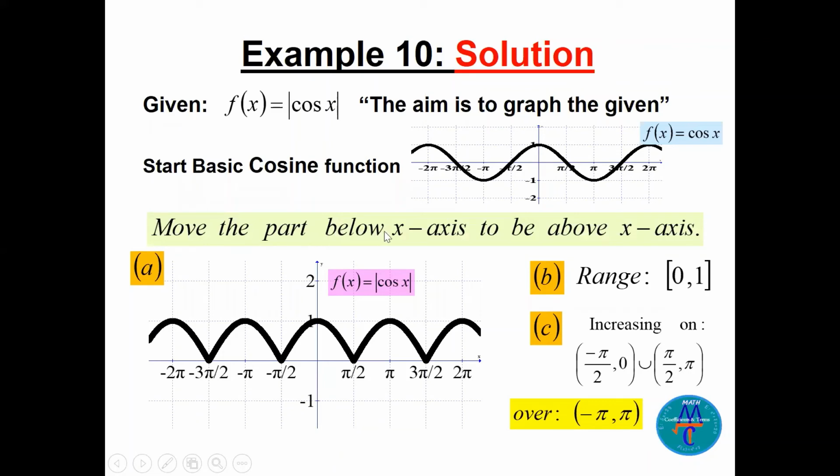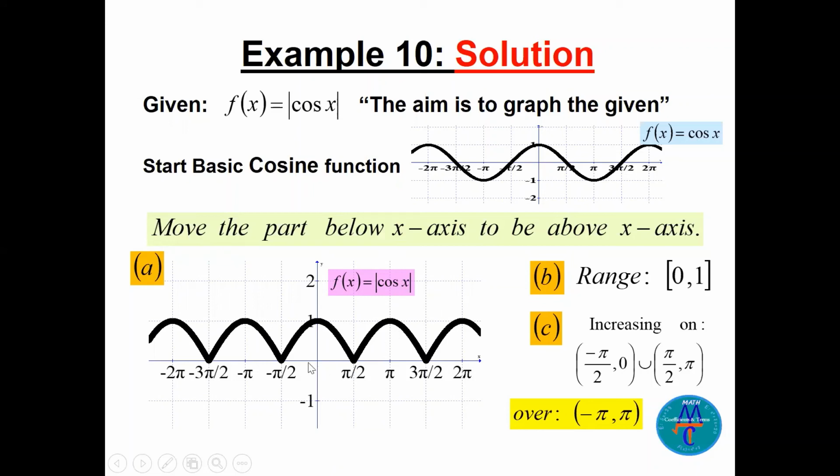So let's move the part below the x to be above the x, because when you put absolute value of minus 7, it becomes 7. Absolute value of minus 9 becomes 9, absolute value of minus 10 becomes 10. So the positive part I leave, and the negative part I make positive. You see, from pi over 2 to 3 pi over 2. So this is the graph now of the absolute value of the cosine.